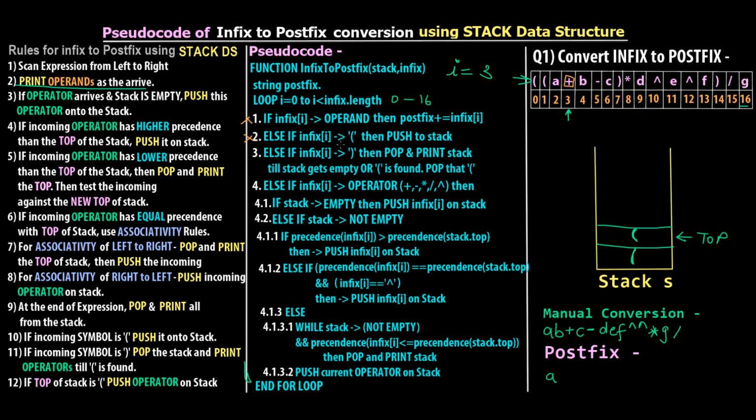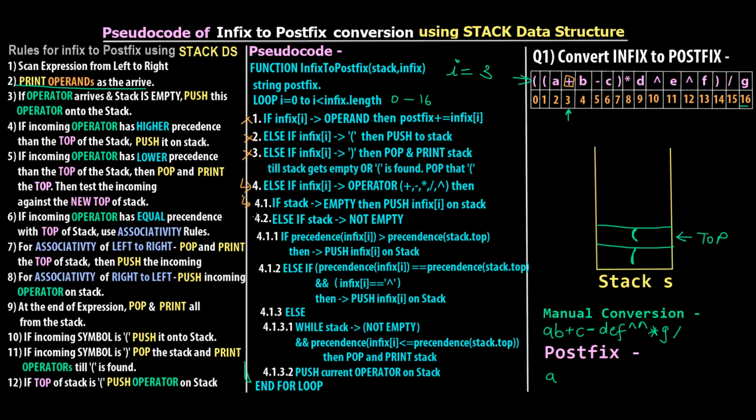Second condition will not be true because it is not an opening bracket. Even third condition will not be true, it is not a closing bracket. We have a plus sign which is an operator. So ultimately the fourth condition will be true because if infix of I is an operator, which means it can be either plus, minus, star, divide by and raise to. It is plus. So this condition is true. So we'll go inside step number 4.